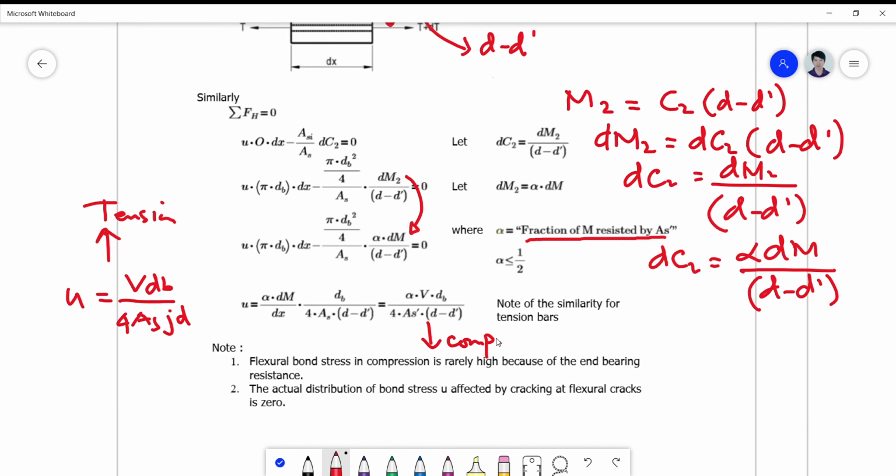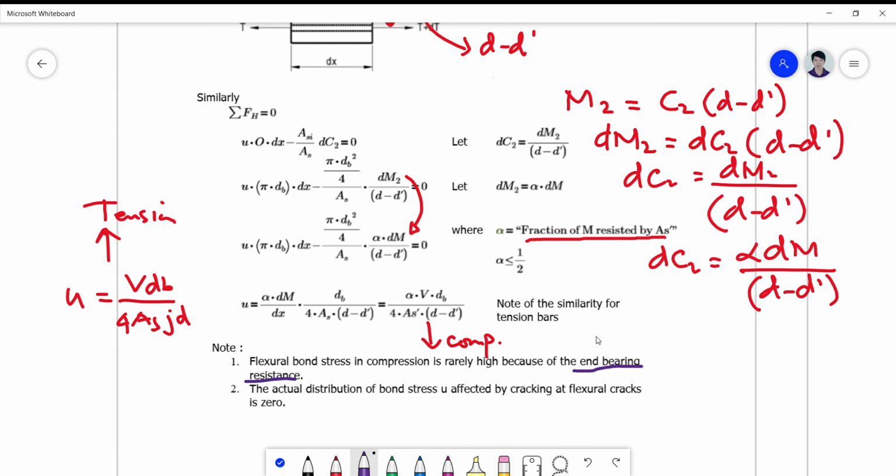The flexural bond stress in the compression is really high because of the end bearing resistance. It means that the result of the actual test gives you a higher value, given the fact that there is an end bearing resistance. So what is an end bearing resistance?